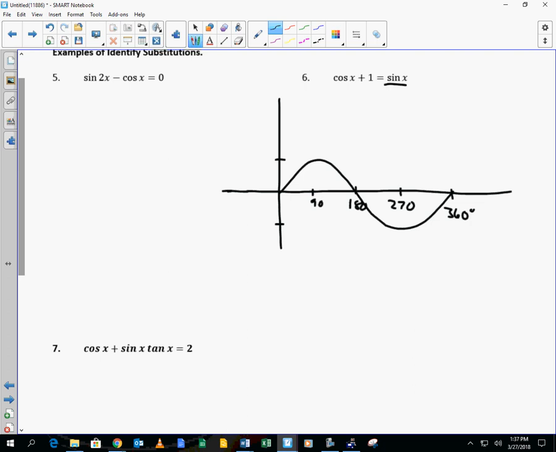Is everybody in agreement with me? And if you consider cosine of x plus 1, that's just shifted up 1 unit, isn't it? It would start up here, then drop down, and come back up. So if we look at that graph, the question is really where are those two graphs equal to each other? And it's very apparent to see it's 90 and it's 180.